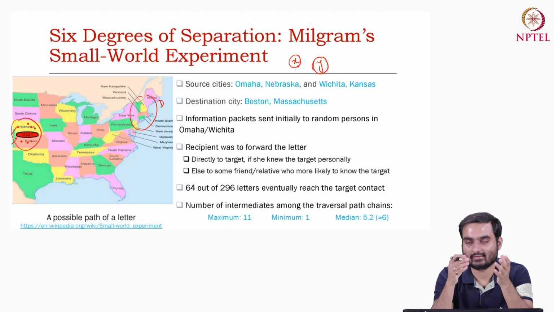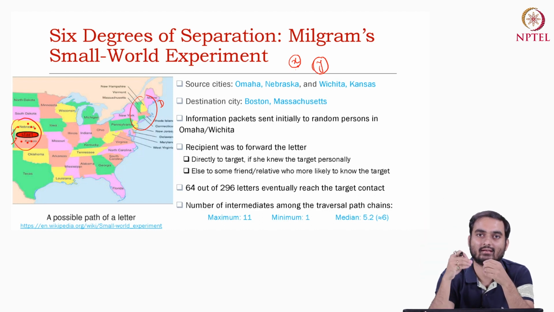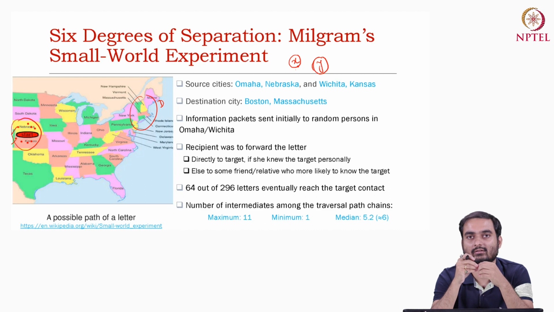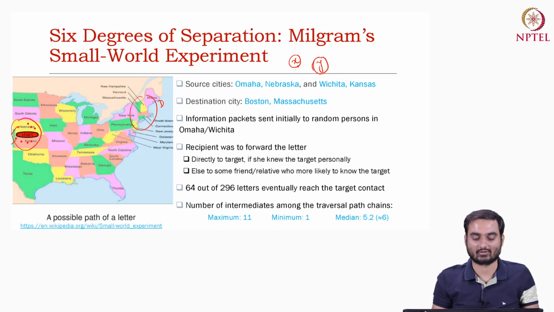So if I do not know the destination, I will pass the letter to somebody who I feel knows the destination better. When the letter comes to Y, Y will again see the destination address, and if Y knows the destination, Y will send it directly. Otherwise, Y will choose one of his friends who Y assumes knows the destination address better. This is the process.